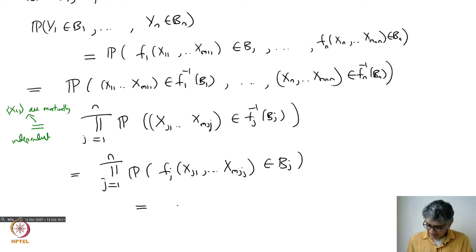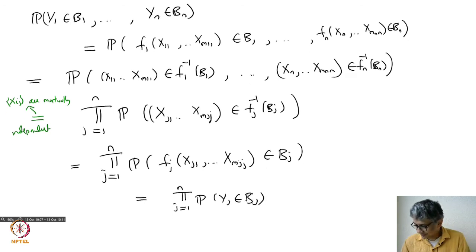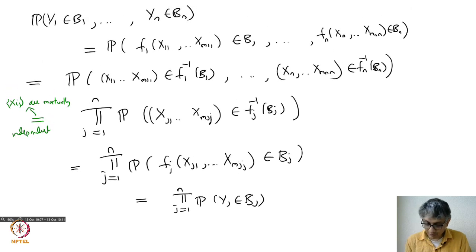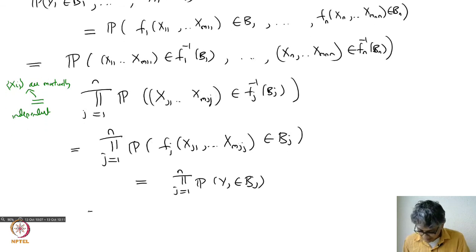And that's the same as the product of the probabilities that Y_j is in B_j. I have shown this for any possible events B_j, which implies that Y_1, Y_2, up to Y_n are mutually independent.